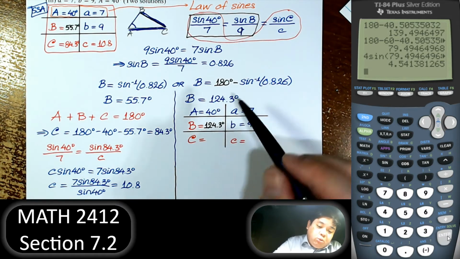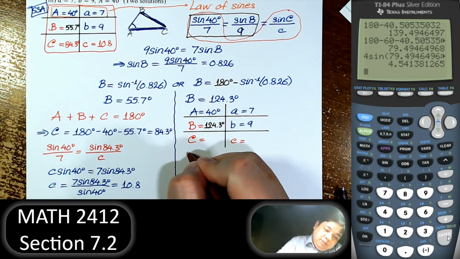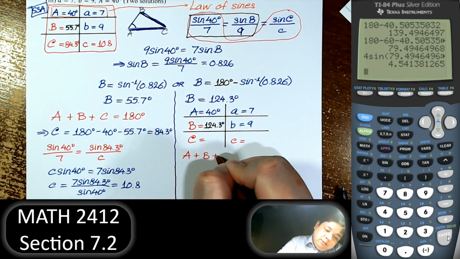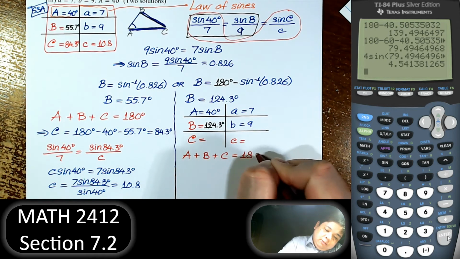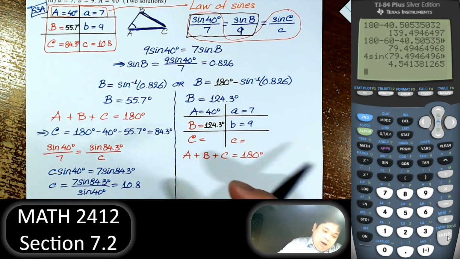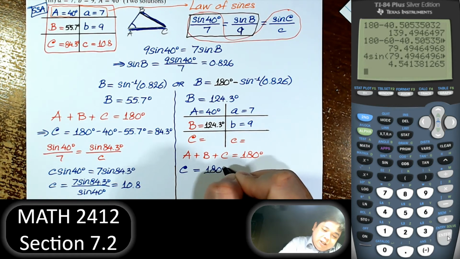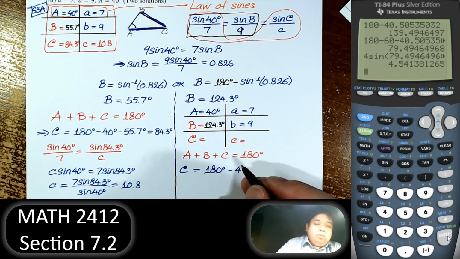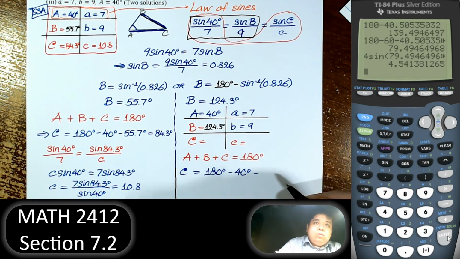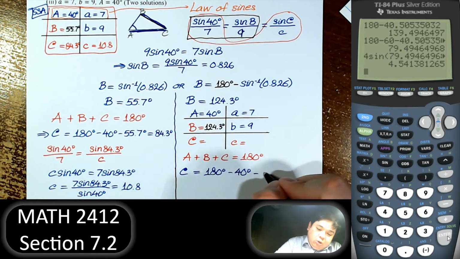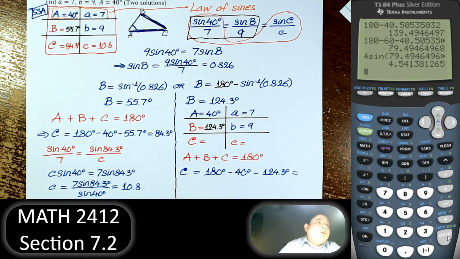Once again, they add up to 180 degrees. To get angle C, subtract from 180. 180 minus 40 minus 124.3.